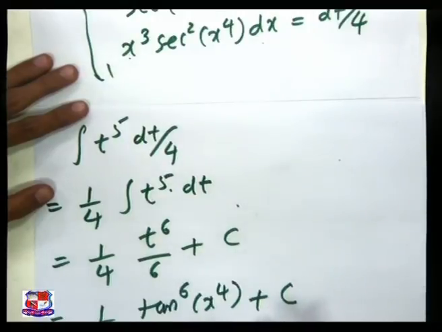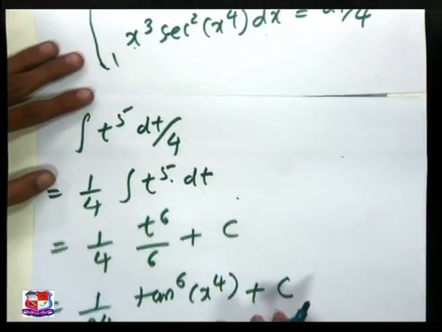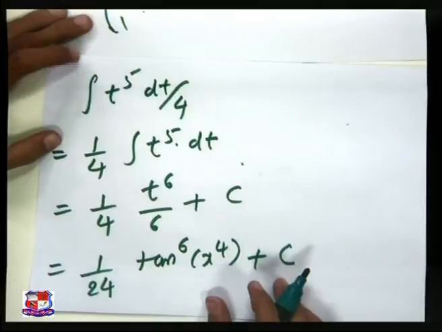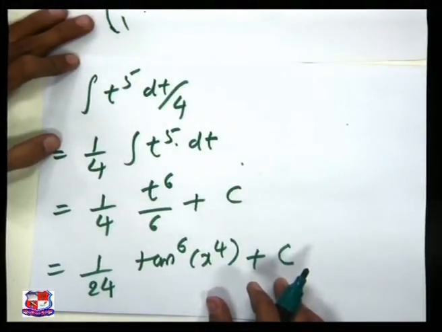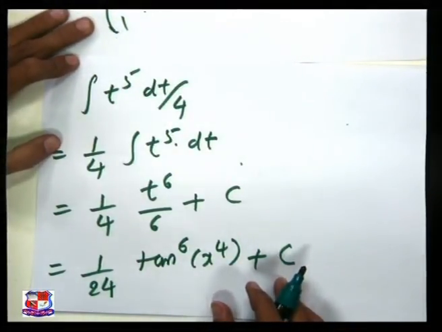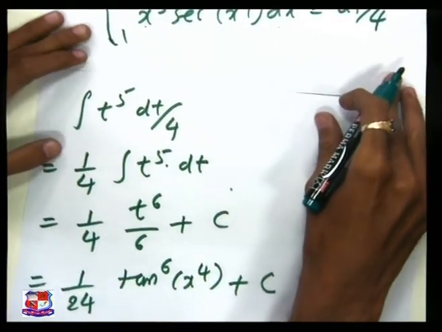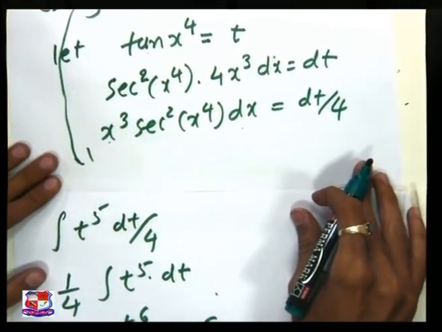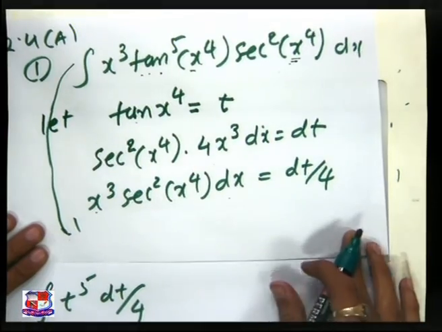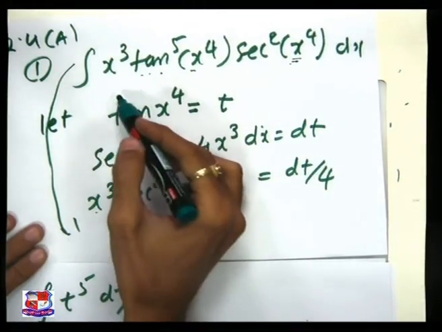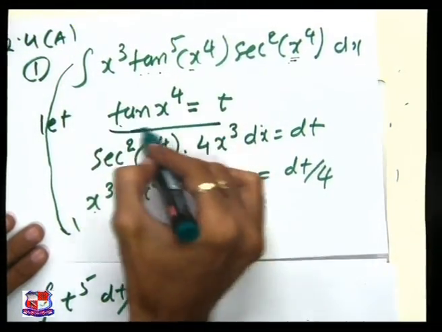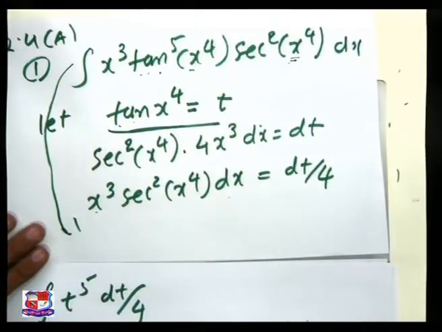So this is our required answer of integration. So 1 upon 24 10 raised to 6 x raised to 4 plus c is the integration of this function with respect to x. So by taking the substitution 10 x raised to 4 equal to t, we can easily integrate this function.